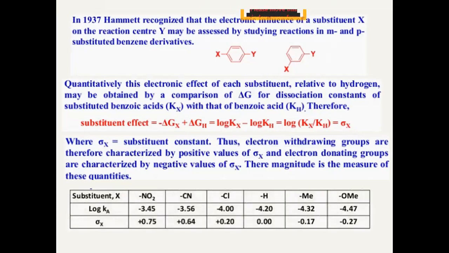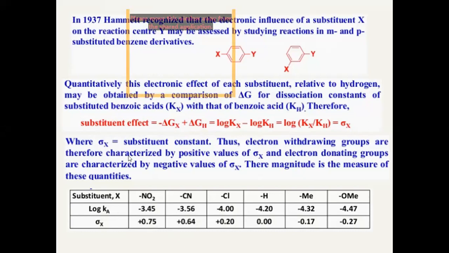Again, see here. This is the table. This table again gives you a clear-cut idea. See this value for simple benzoic acid is minus 3.45.